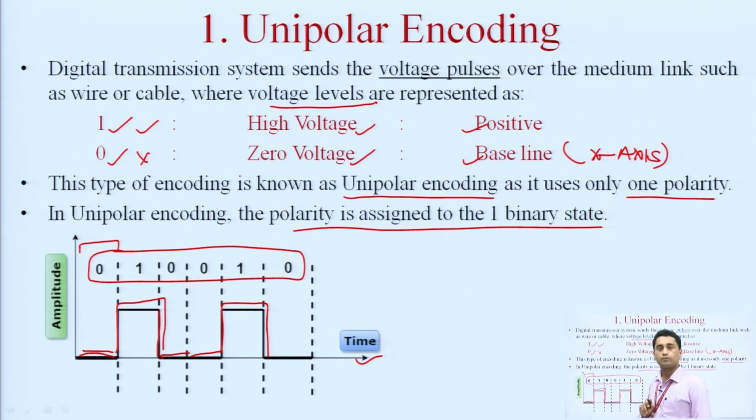Always remember, whenever you see a question on unipolar, wherever you find 0, it means there is no movement and you stay on the baseline only, no positive, no negative. In case of 1, represent it as positive. It is quite an easy way to understand and draw this 0-1 combination. So, this is the first one, which is unipolar.